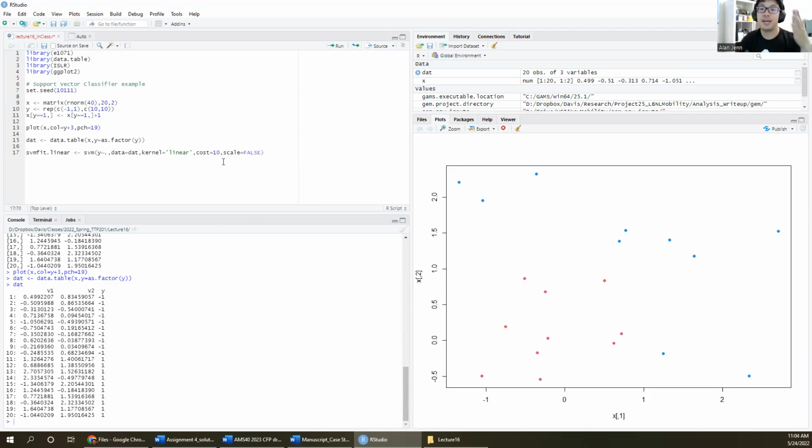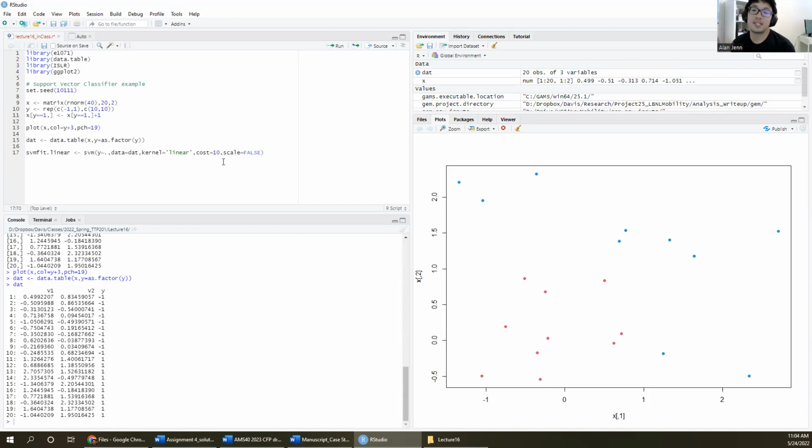Recall that our support vector distances to the hyperplane are based off of Euclidean distances to the line, and therefore, if you choose not to scale, and the values of your x1 and your x2 are really different, like if x1 goes from 0.1 to 0.3 and your x2 goes from 1,000 to 3,000, you can imagine that the hyperplane getting drawn will be much more influenced by x2.